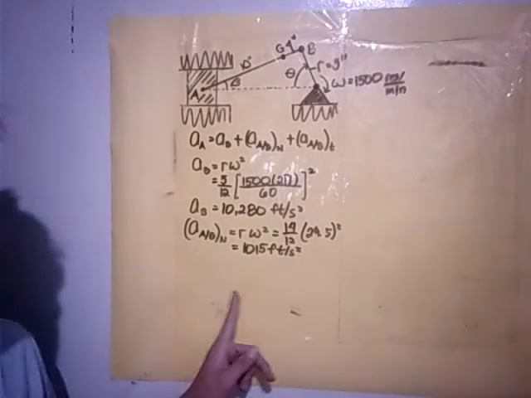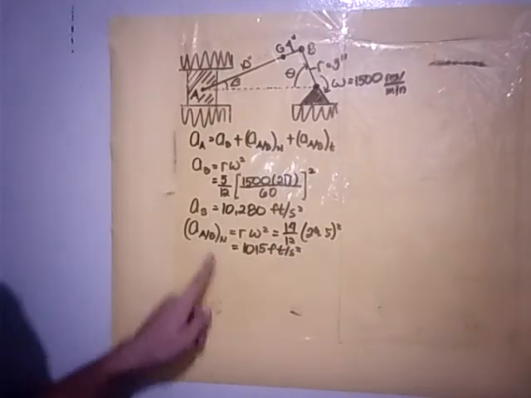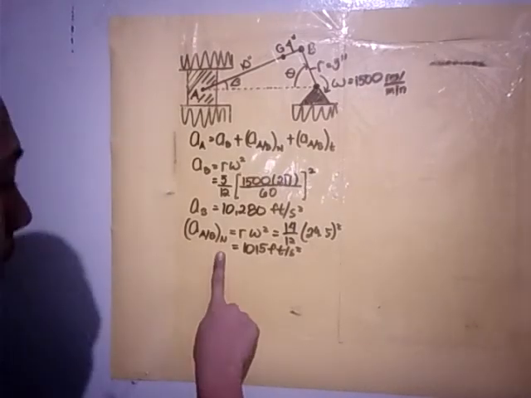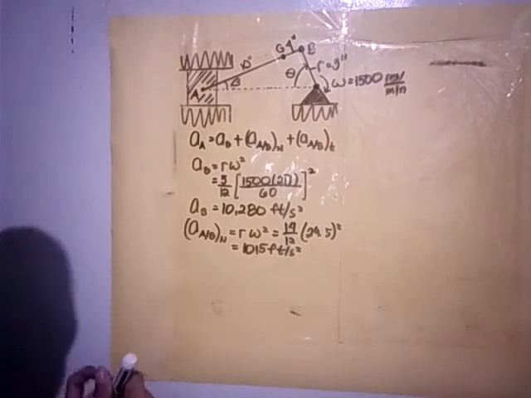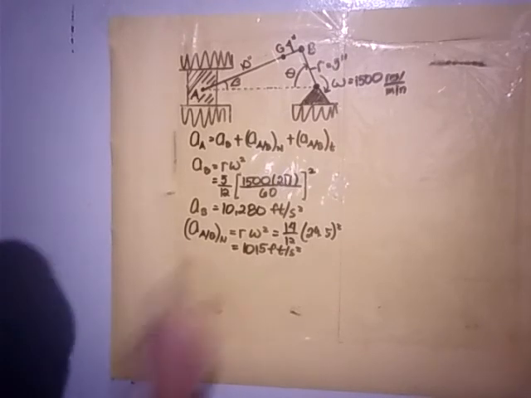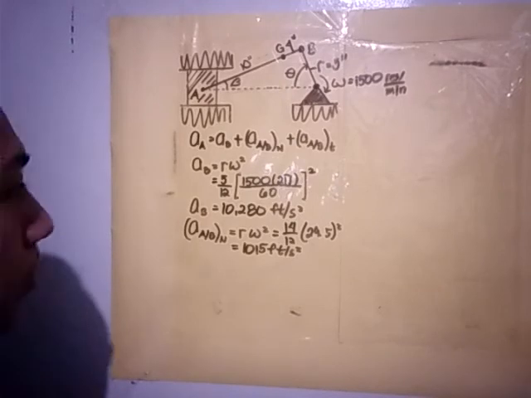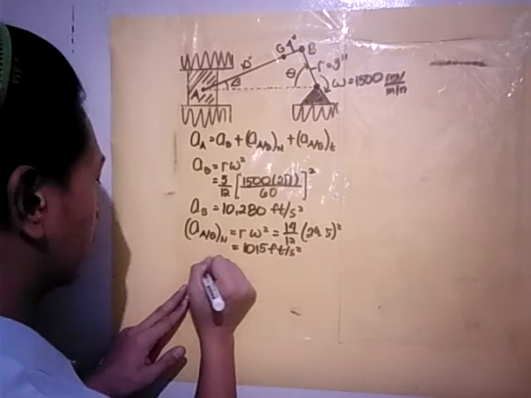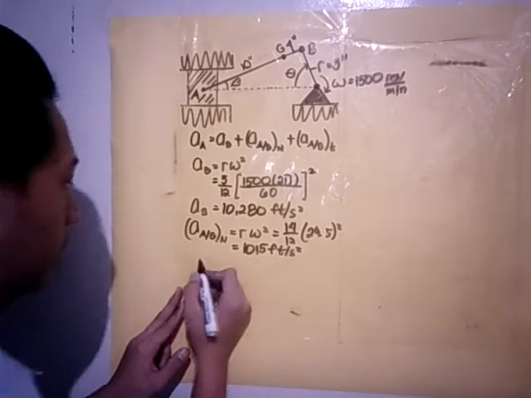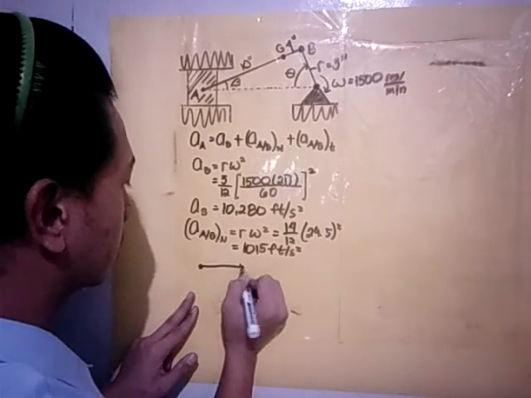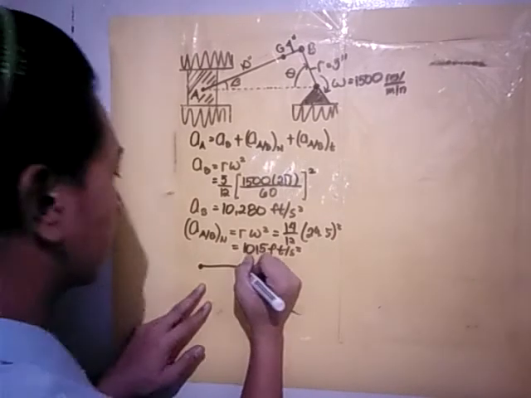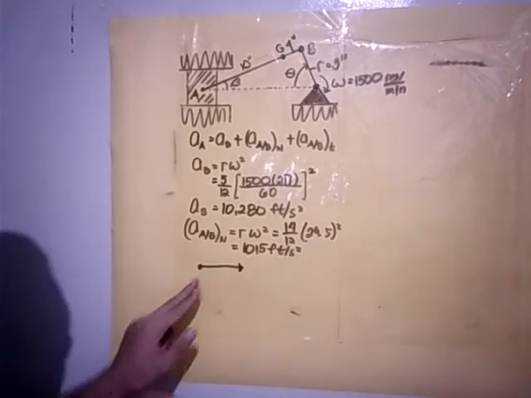I will draw another figure here, since we just calculated the acceleration of B and the A to B relative normal. Now we graph it. From this point, we draw the acceleration of A, directly horizontal.